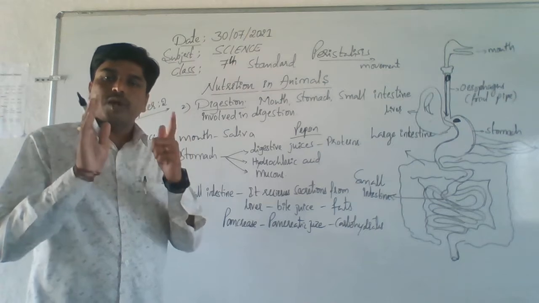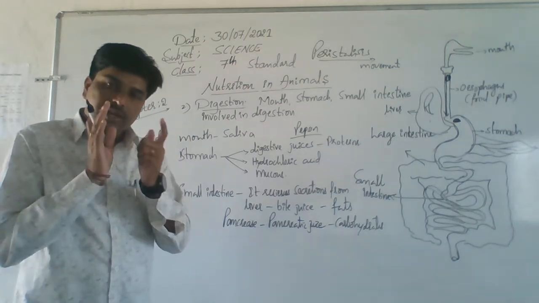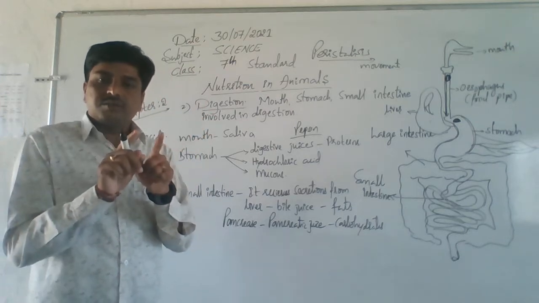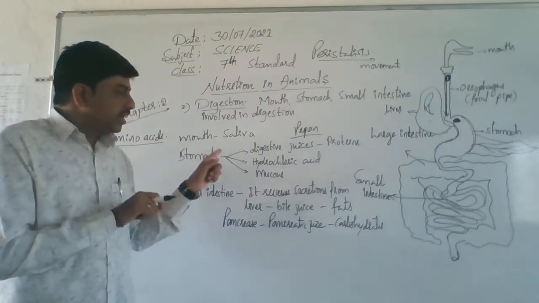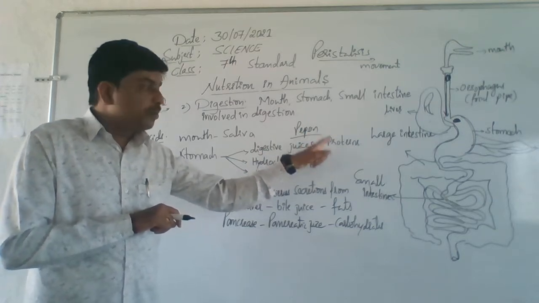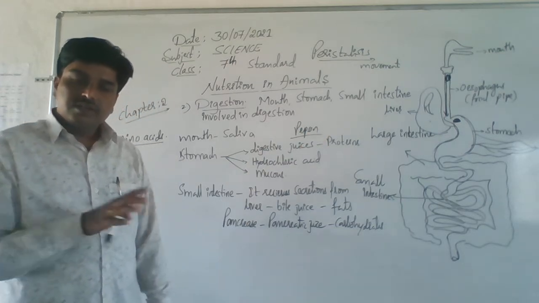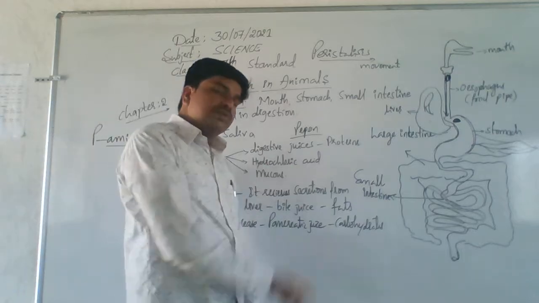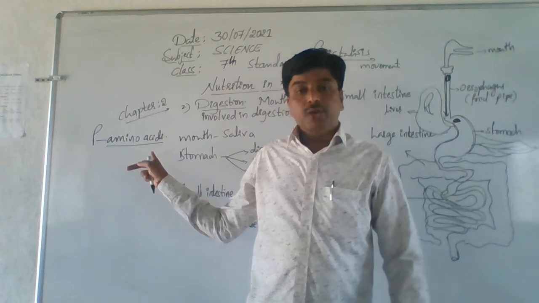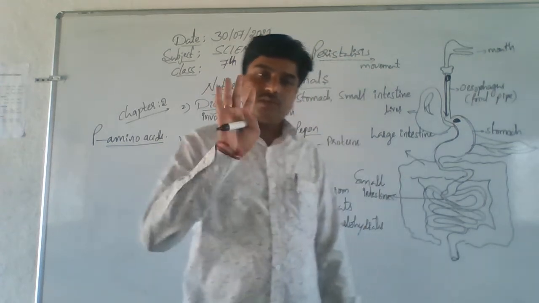It's a very important point to remember. What happened in the stomach? When the food reaches the stomach, the inner wall secretes digestive juices like pepsin that help in the breakdown of proteins. This pepsin breaks down the protein into what? Amino acids. Clear or not, students?